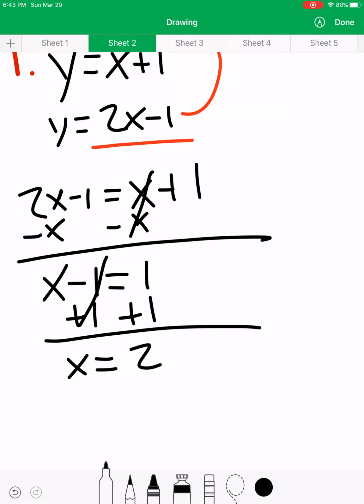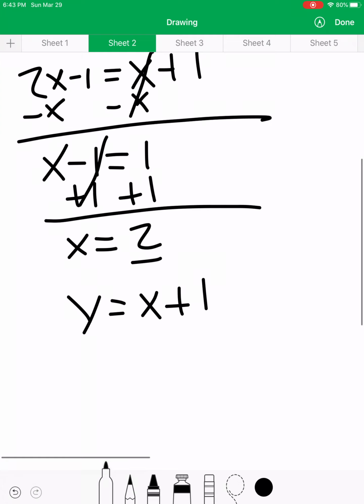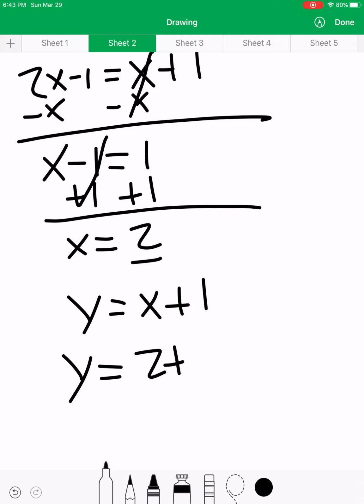Now that I know what x equals, we're going to substitute the 2 back in for either one of my variables. I'm going to choose to use the very first equation of y equals x plus 1. Now that I know what x equals, we just substitute it in for x. So watch. y now equals 2 plus 1.